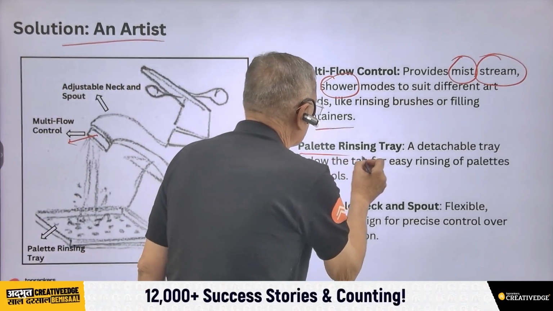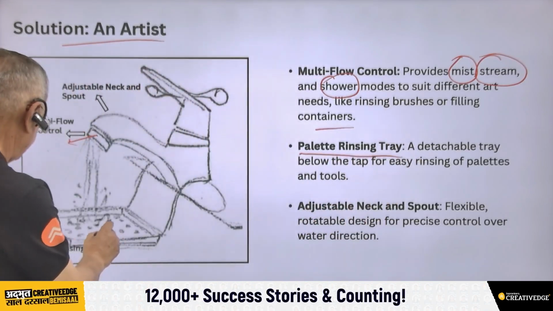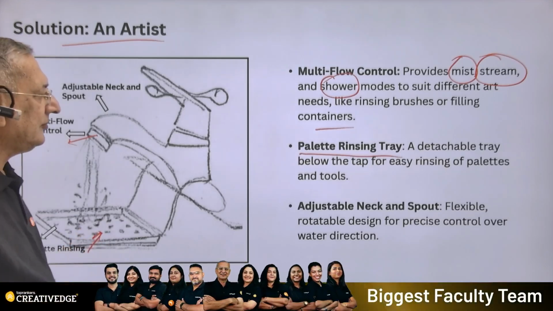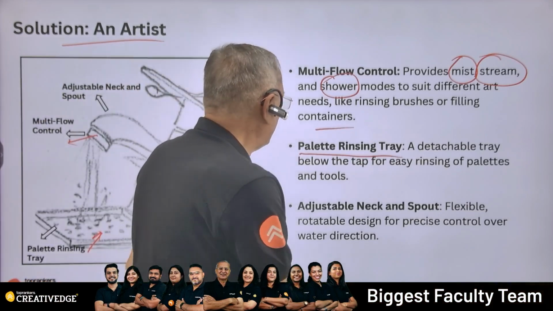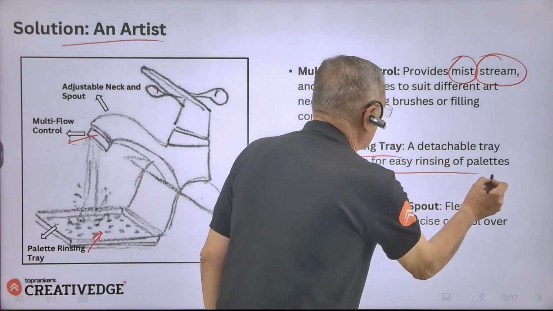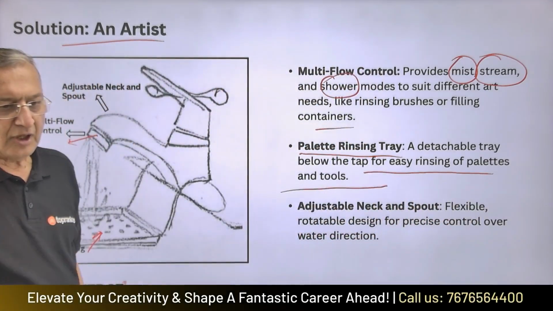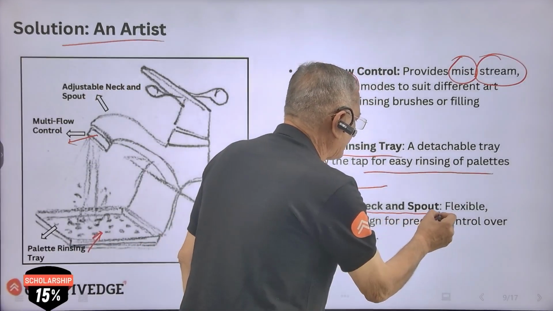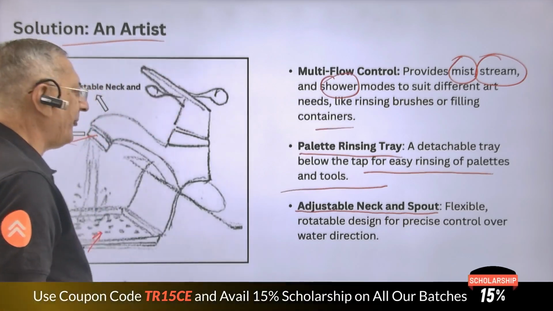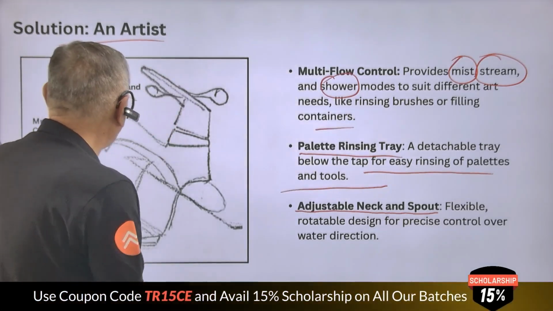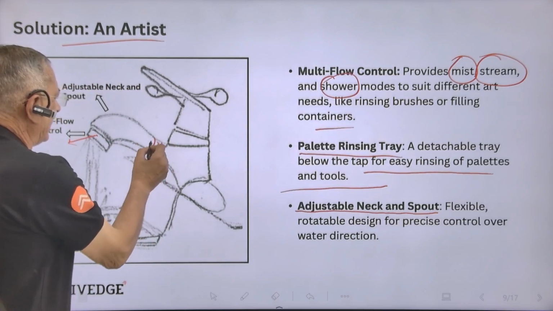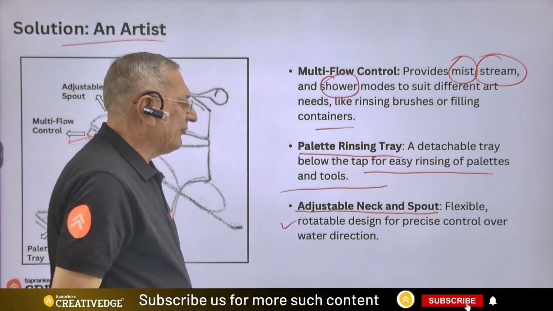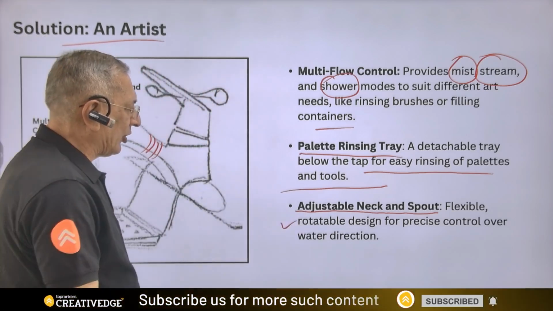Palette rinsing tray here: a detachable tray below the tap for easy rinsing of the palette and tools of artwork. Then adjustable neck and spouts. Flexible, I think this could have been added here. Flexible, rotatable, designed for precise control over water direction.